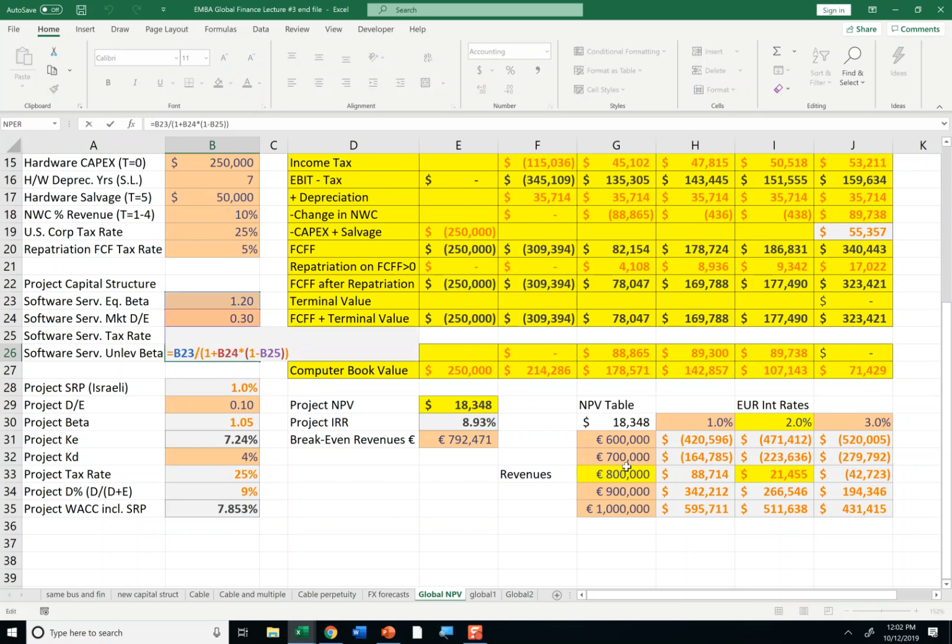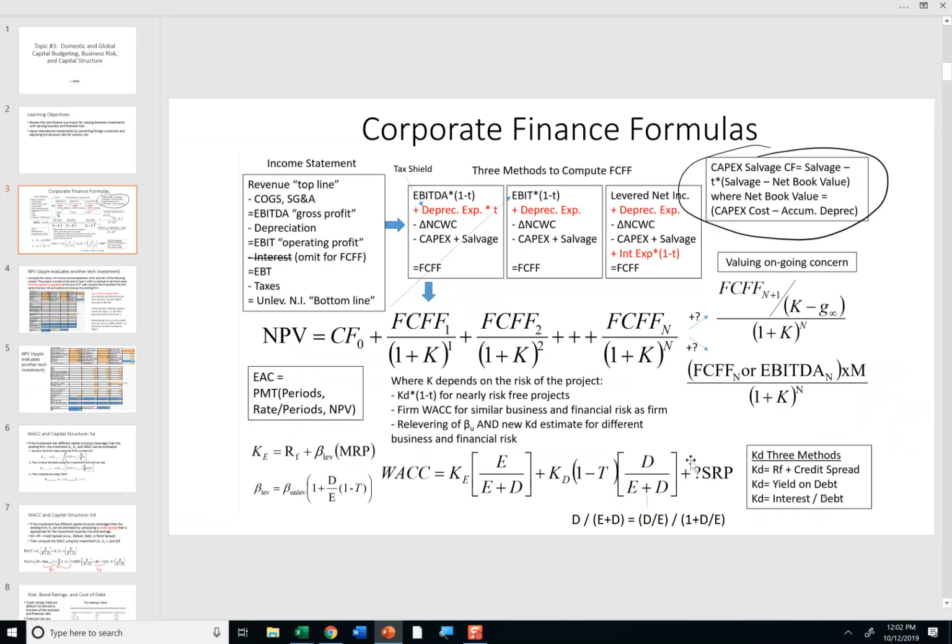And I give you a formula, it's on the slides, if you want to unlever and relever betas. The levered beta is the unlevered beta times 1 plus the after-tax D/E ratio, and the unlevered beta is the levered beta divided by 1 plus the after-tax D/E ratio.